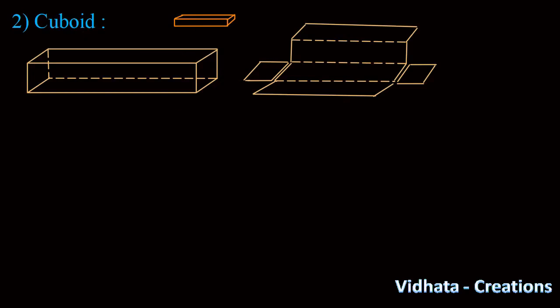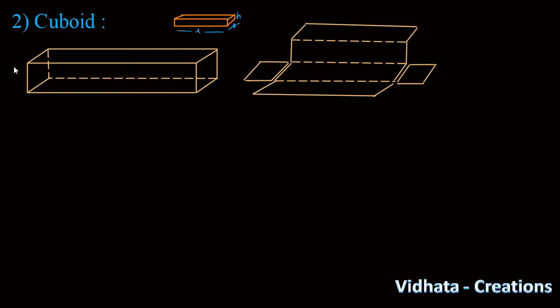For the brick, here is the length, this is the breadth, and this is the height. It is not like a cube. In a cube, the length, breadth, and height are of equal length, but here they are not.